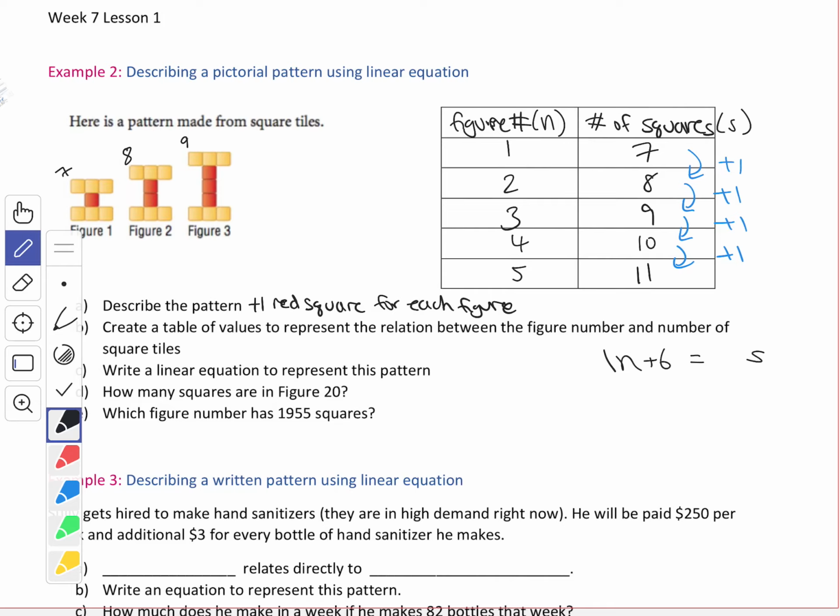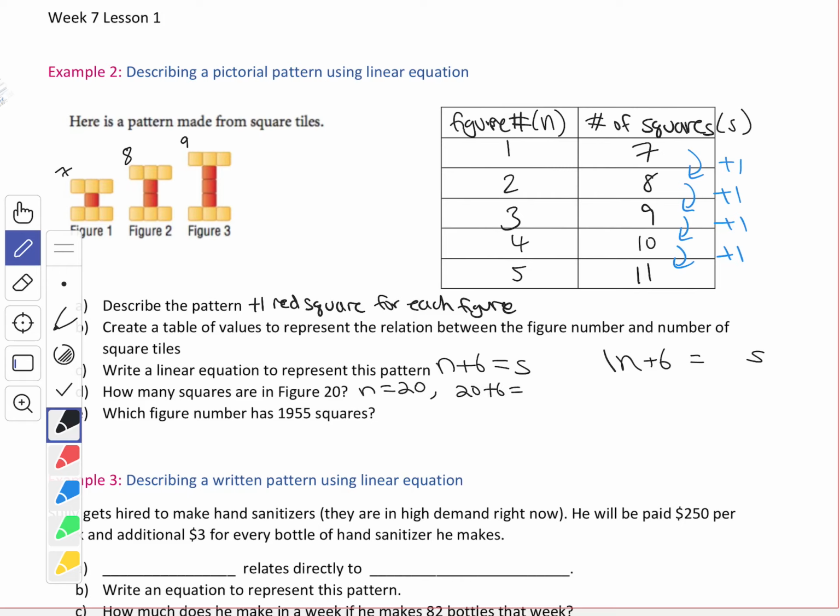How do I get to 7? I need to add 6. Okay, let's see if it works for other ones. 2 times 1 plus 6 is 8. 3 times 1 plus 6 is 9. So it works for all the other ones. So the linear equation for this one becomes 1n, which is just n, plus 6 is equal to s. Okay. How many squares are in figure 20?